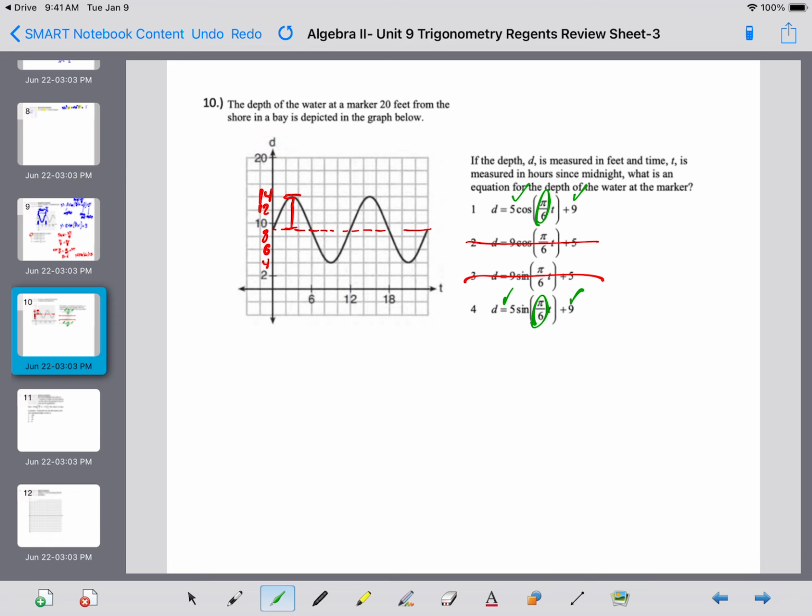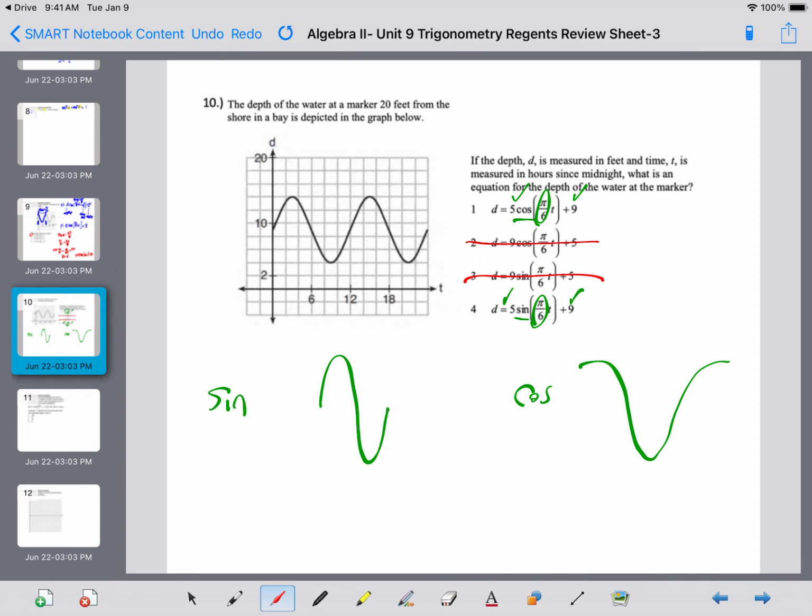So now we have to look at if this is a sine or a cosine function without shifting it, right? So remember, sine looks like this, starting at the midline. Cosine looks like this, starting from the maximum.